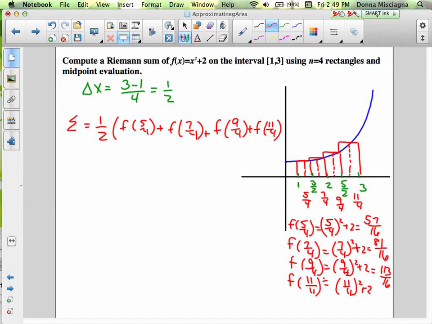That's going to be 121 plus 32, which is going to be 153/16. All right, so our sum of the areas of the rectangles is 1/2 times 57/16 plus 81/16 plus 113/16 plus 153/16.